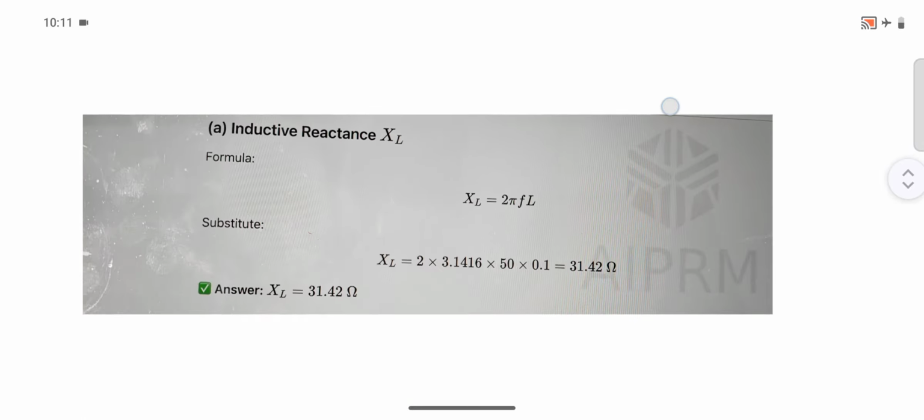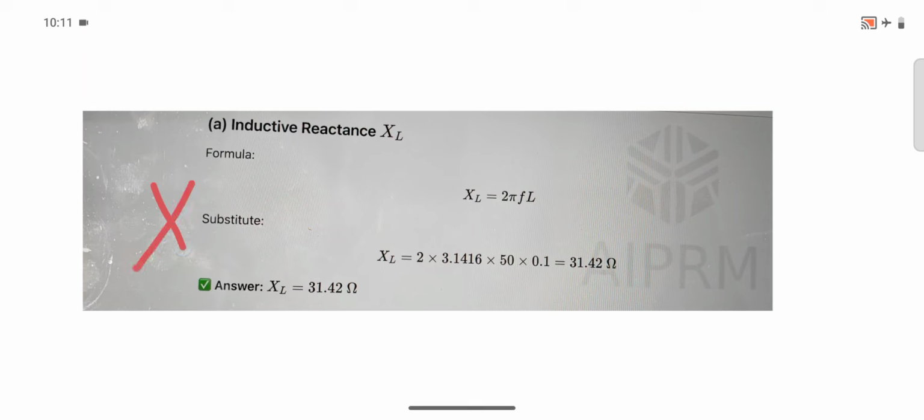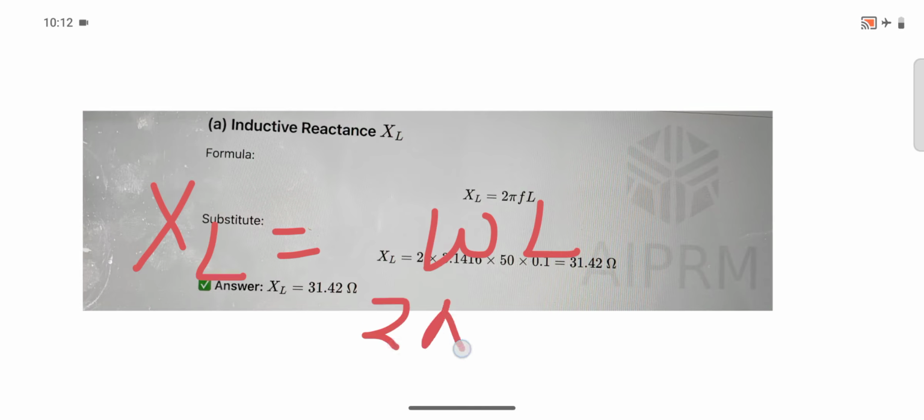Now, first we will calculate inductive reactance. Formula for inductive reactance is equal to omega L. Value of omega is 2 pi frequency into L. Value of 2 we already know, pi value we know, frequency is given 50 hertz and L is given 0.1 Henry.